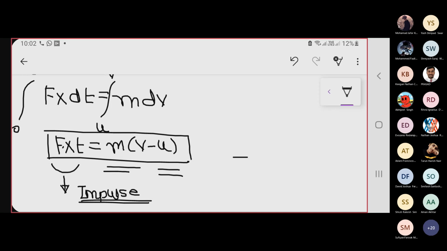What is momentum? Momentum is mass into velocity. So impulse is equal to change of momentum. We are going to use this equation to solve problems on the impulse momentum equation.